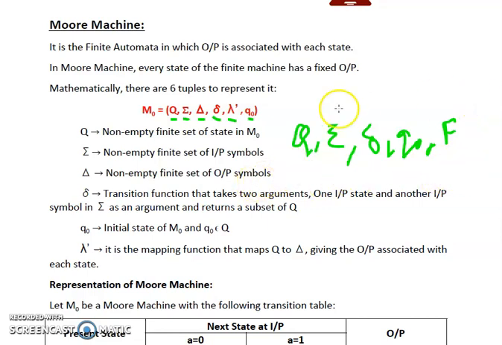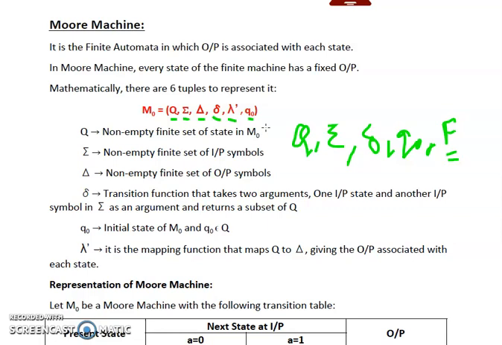Now, the DFA has a tuple as capital F, that is a final state, but it is not present in case of Moore machine. So, why is the final state not present in Moore machine? Because whenever we talk about a DFA, we talk about the acceptance of a string, and we say that whenever we reach the final state, it means that our string is accepted.